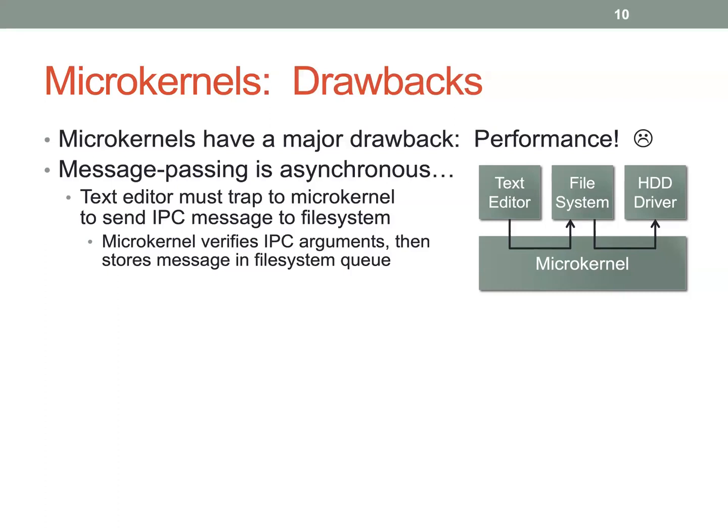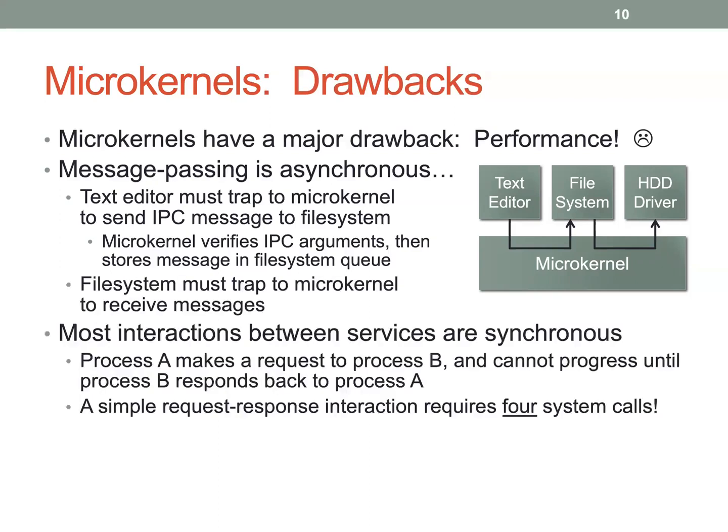So you're building synchronous interactions with an asynchronous mechanism, and you're necessarily increasing the number of times you have to drop into the kernel just to implement this synchronous operation. Okay, so yeah, this is what I'm saying here. Process A makes a request to process B, and cannot progress until process B responds back to process A. So, okay, nice. That's a normal system call type operation.